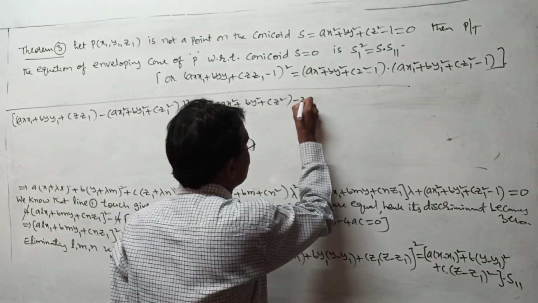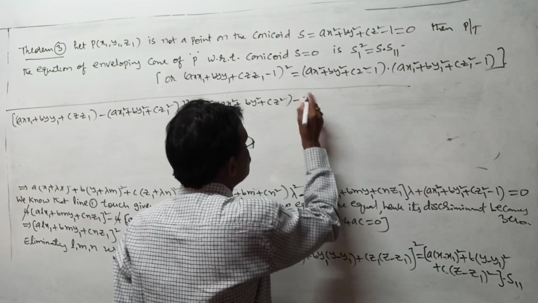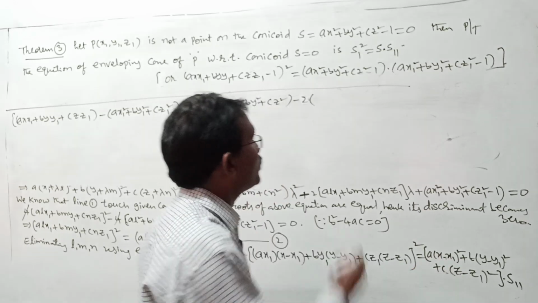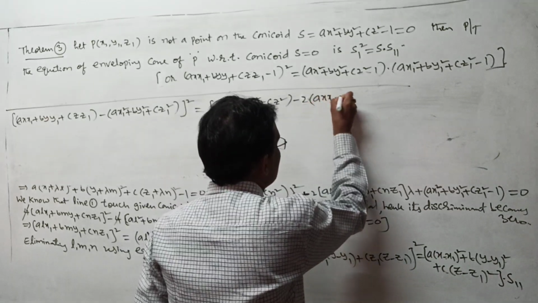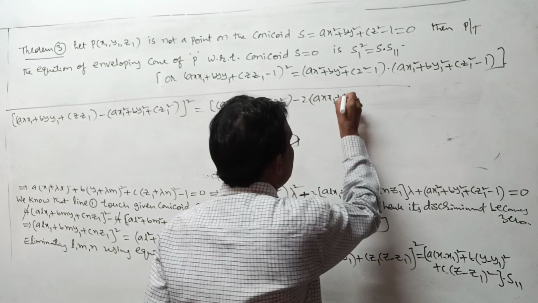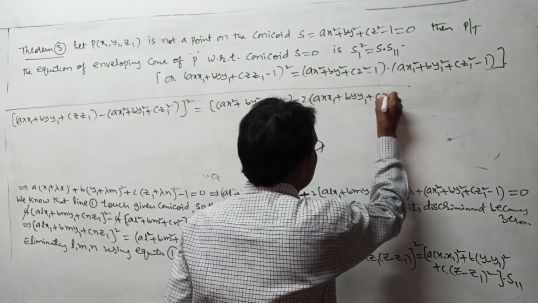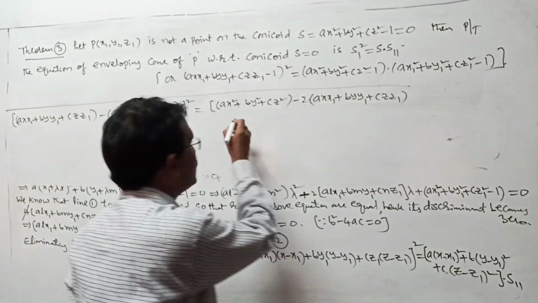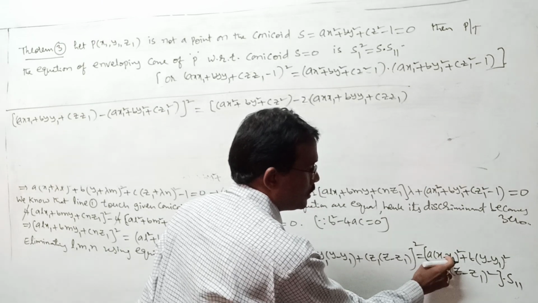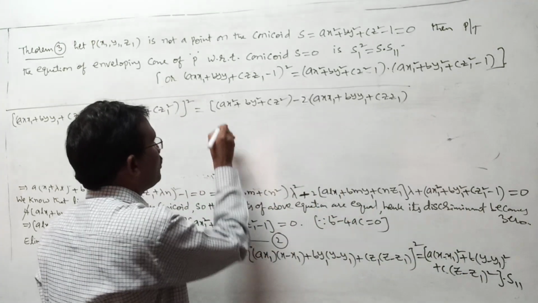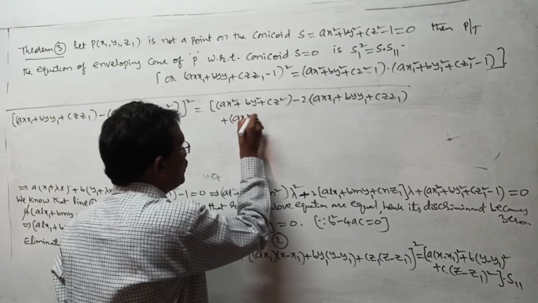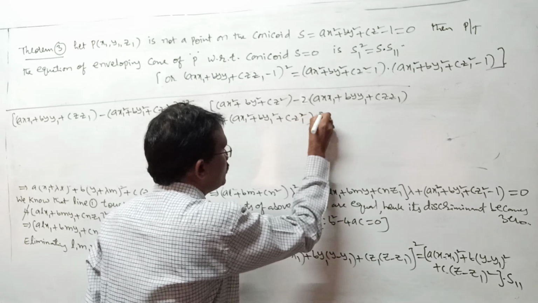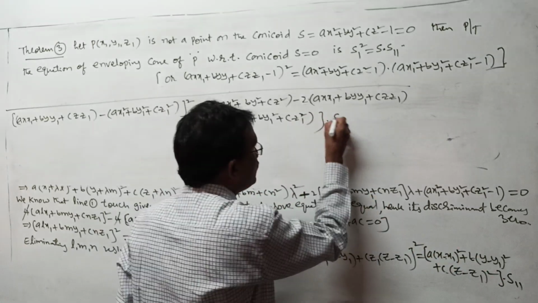Minus 2 let us take common and write the remaining term: AXX1 plus BYY1 plus CZZ1. Any problem with this? Next the B square term: B square means AX1 square plus BY1 square plus CZ1 square. This total simplification is over, into S11.